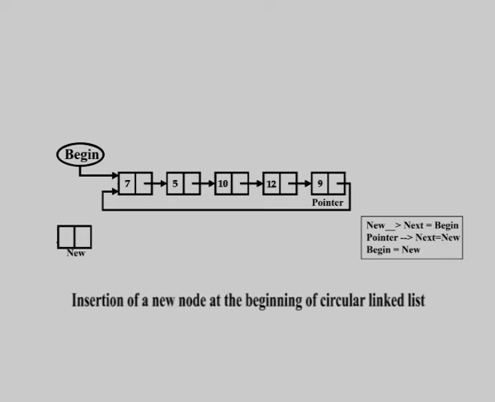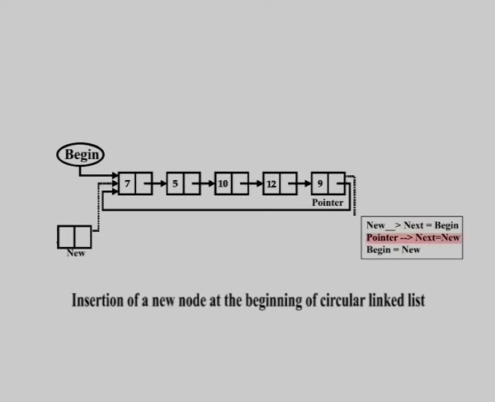To insert this node at the beginning, the following operations will take place. The dotted lines show the new links. First, the next part of node new will hold the address of first node of the linked list, that is new's next is equal to begin.